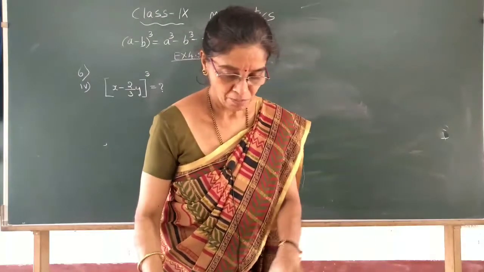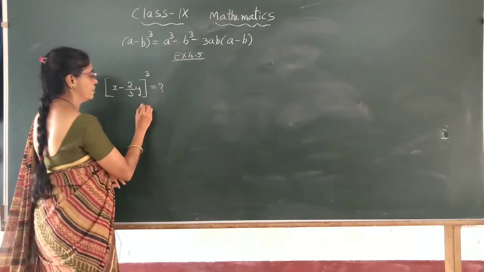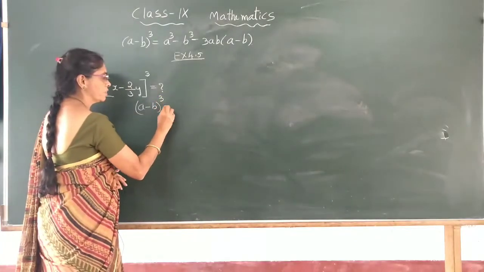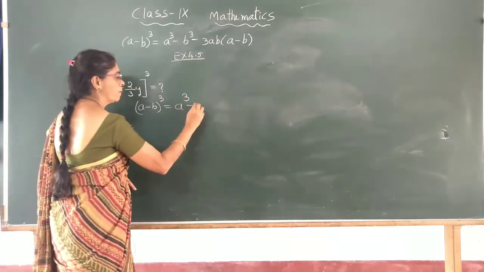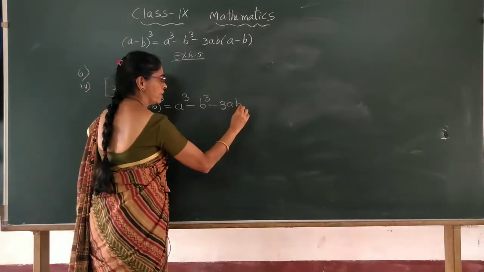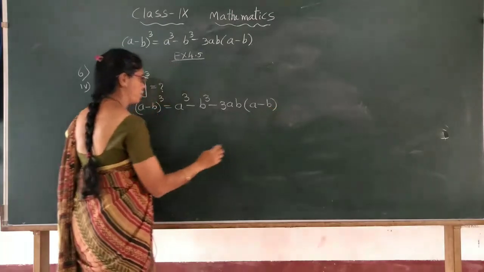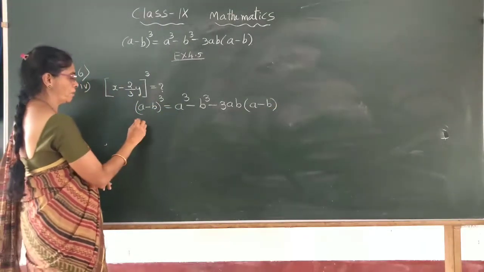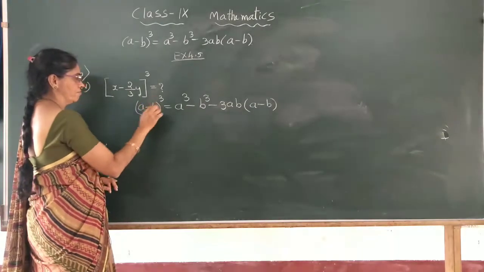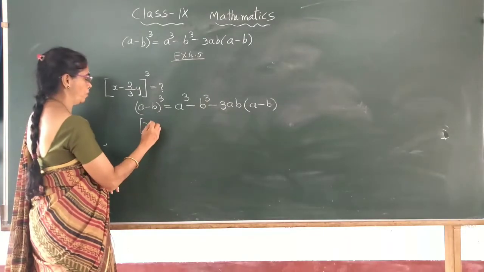Now, before doing the problem, write the identity once again. (a minus b) whole cube is equal to a cube minus b cube minus 3ab into (a minus b). This is the identity we have to use. Now write your problem below the identity. They have given square bracket, usual bracket, no problem.